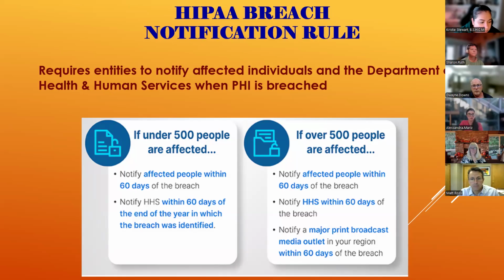The next category would be if over 500 people are affected, notify affected people within 60 days, notify HHS within 60 days, and most likely notify a major print or broadcast media outlet within 60 days as well.